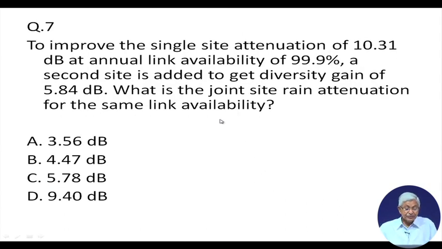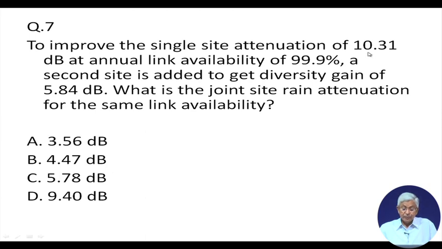Now, next question. To improve the single site attenuation of 10.31 dB at annual link availability of 99.9%, a second site is added to get a diversity gain of 5.84 dB. What is the joint site rain attenuation for the same link availability? There are 3 parameters coming. Of course, at a particular probability you have a single site attenuation.